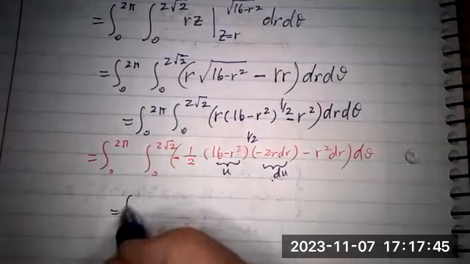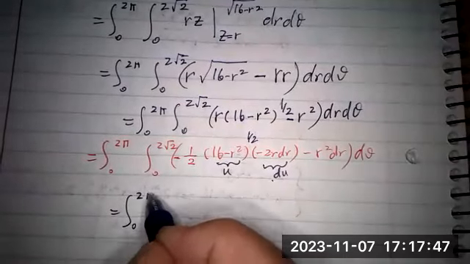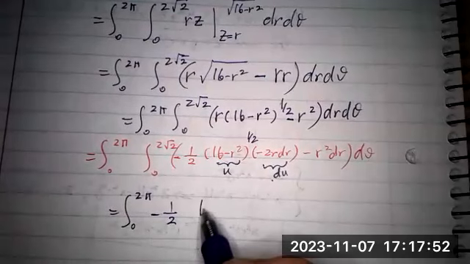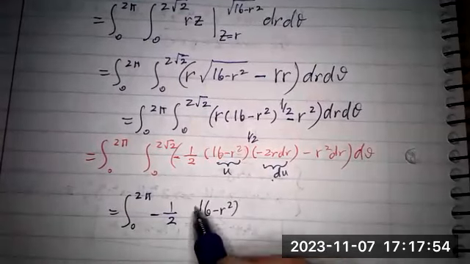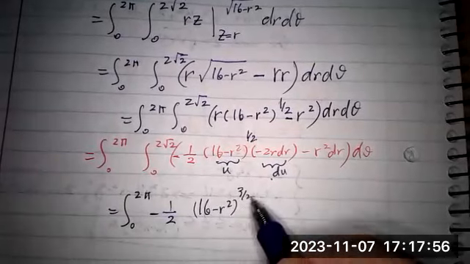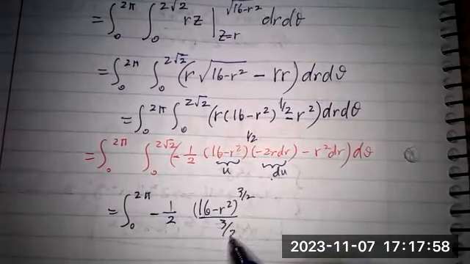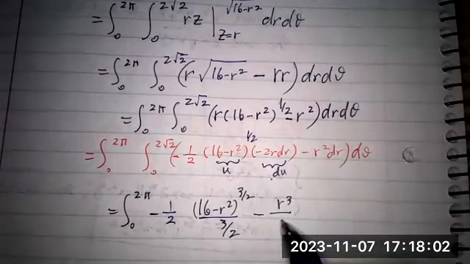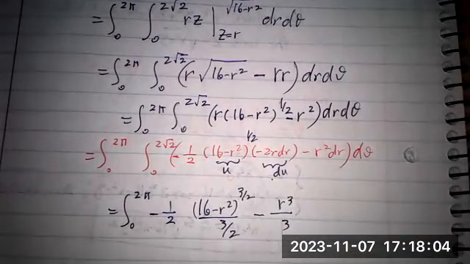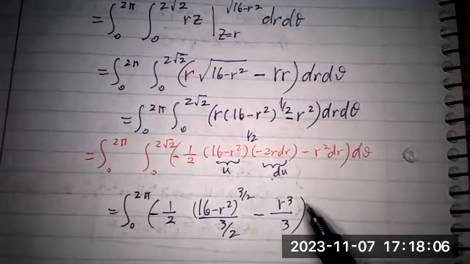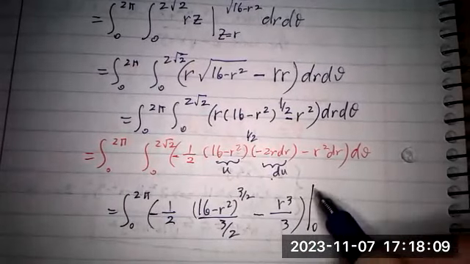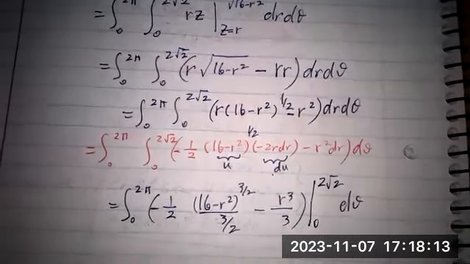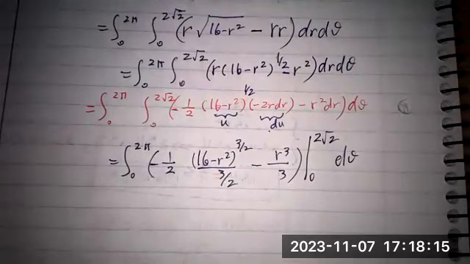So this is going to be 0 to 2 pi, negative 1/2, 16 minus r squared to the 1/2 plus 1, 3/2, over the 3/2. And the integral of r squared would be r cubed over 3. You are going to evaluate it from 0 to 2 radical 2. When you're done, we get to the theta.